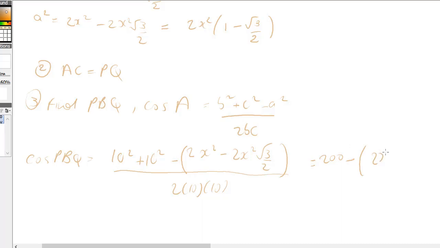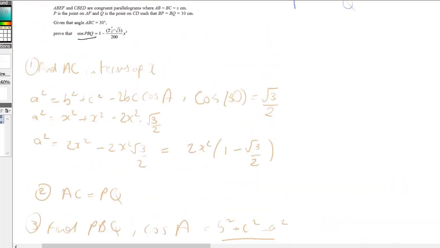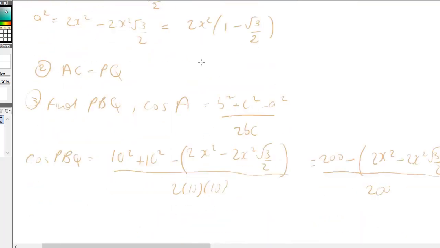Keep the brackets as is. And then that's over 200. Now, what we can do is separate. So we essentially want something like this. We've got over 200.